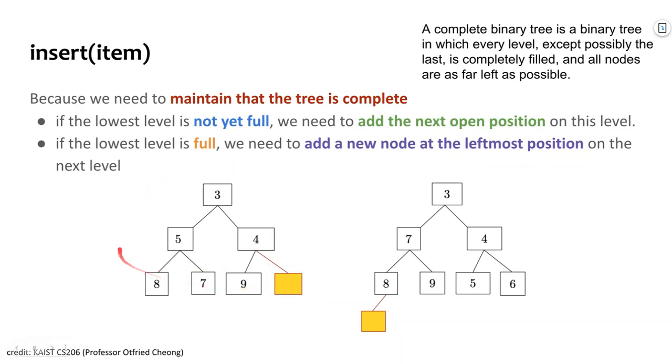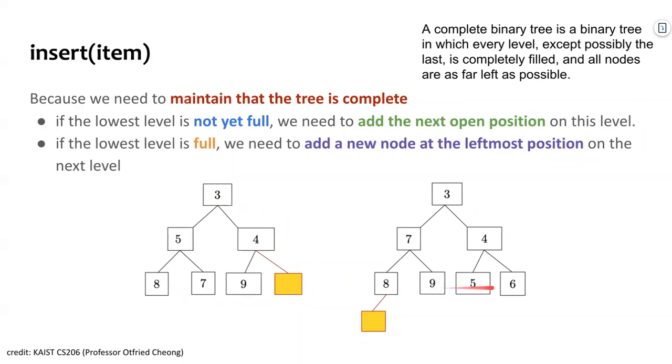So in this case, when we want to add a new item, we are going to place that new item at this position, not here, not as a child of 8 or 7 or 9, but the only place a new item can go is this place as a child of 4, to make this tree complete.